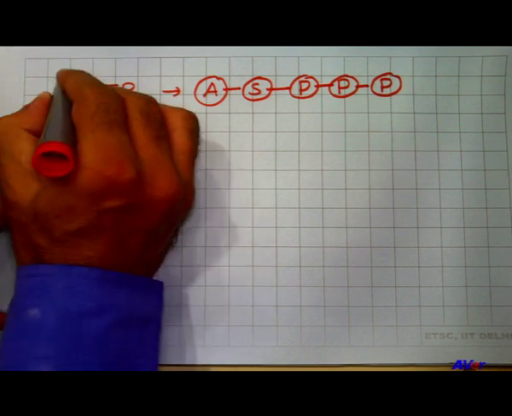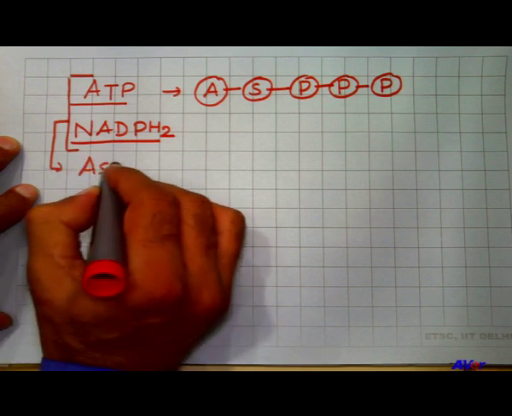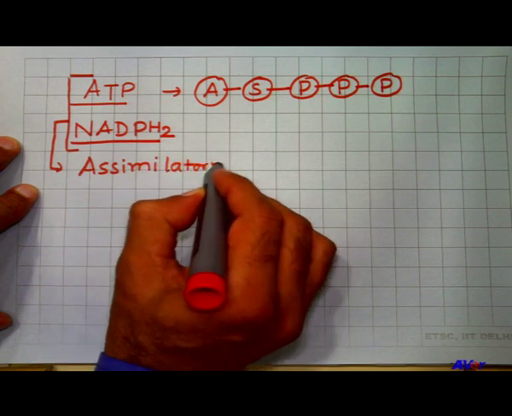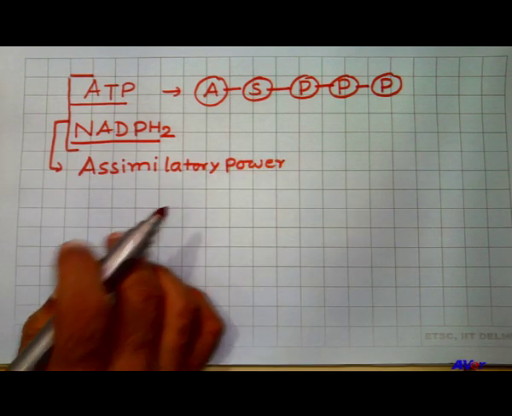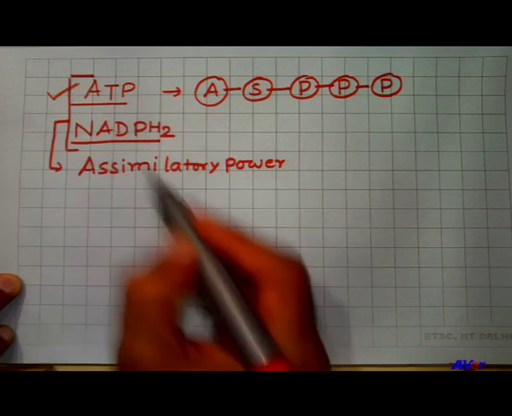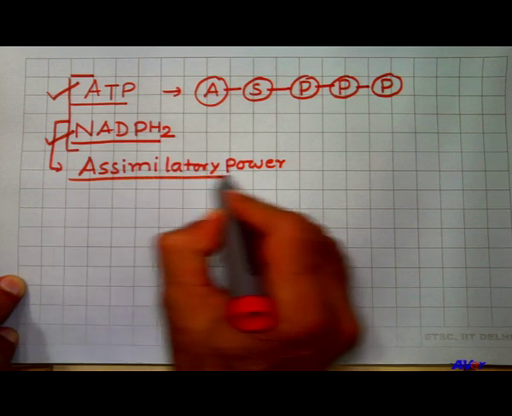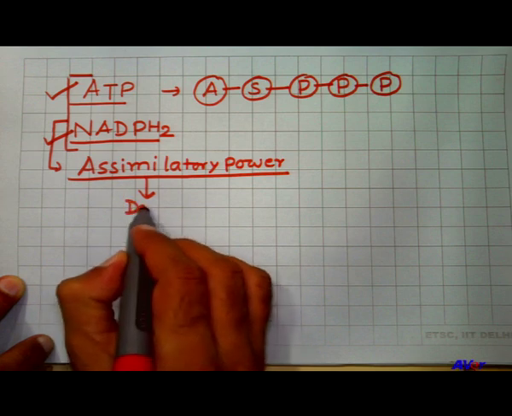This we have already told, is called assimilatory power. So, the answer is ATP and NADPH2, combinedly called assimilatory power. It is used in the dark reaction.